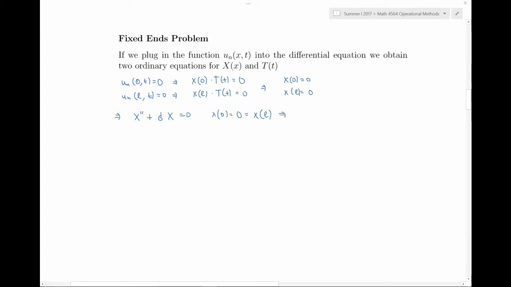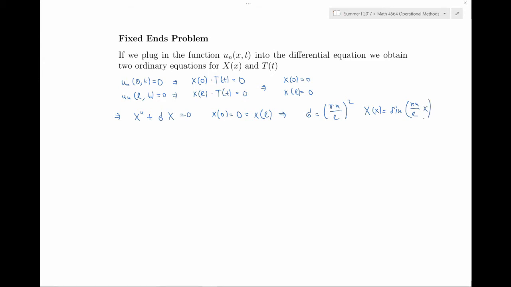We arrived at the conclusion that in order to have non-zero solutions, we must have sigma equal to (pi n over L) squared, and X of x being sine of pi n over L x.